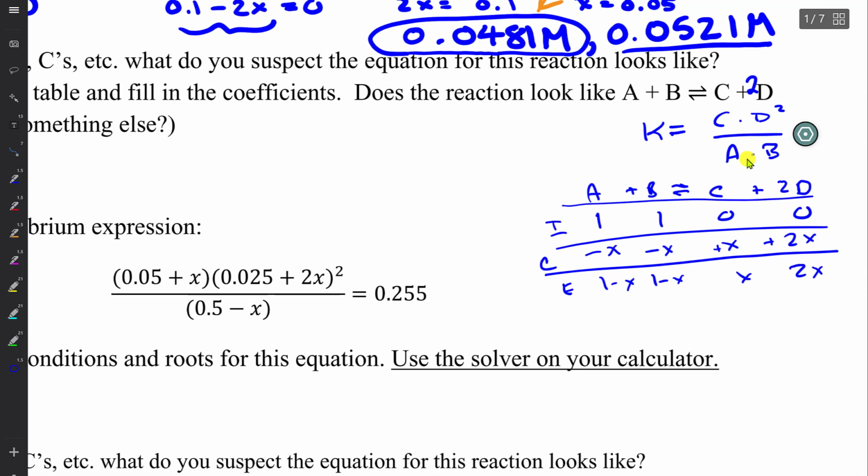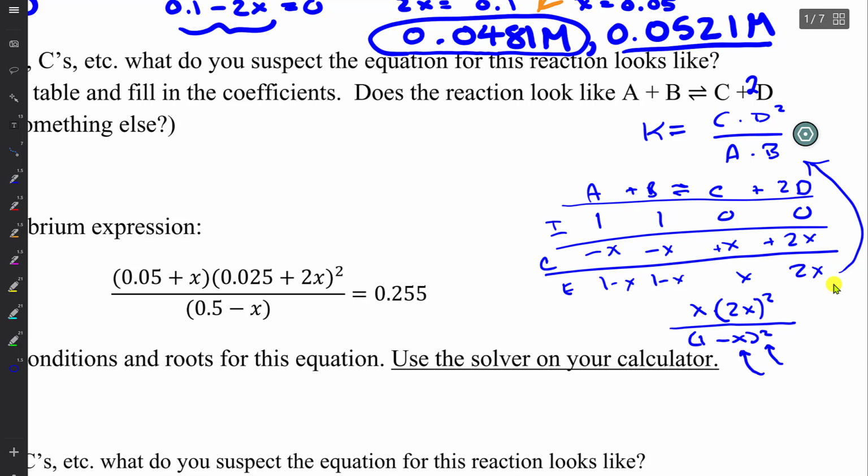Now, notice, if I were to write this in here, my products would be X times 2X squared. This 2 that's here and this 2 that's here both come from the stoichiometric coefficient. And then when I'm dividing, it's going to be 1 minus X squared. You'll notice that you have a square here, a 2 here, but you don't have it here.